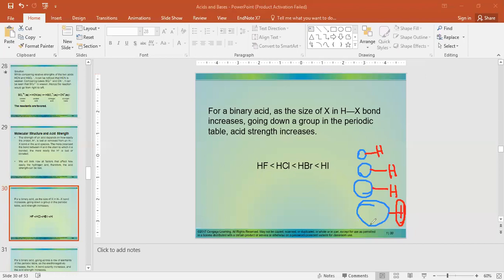And therefore this is going to be the strongest acid, and this is going to be the weakest acid. This one does not want to lose the proton. This one easily wants to lose the proton. Because of that, we have put the strength of the acids in the order that you can see here.